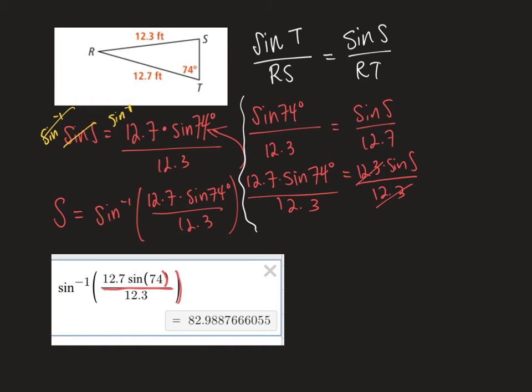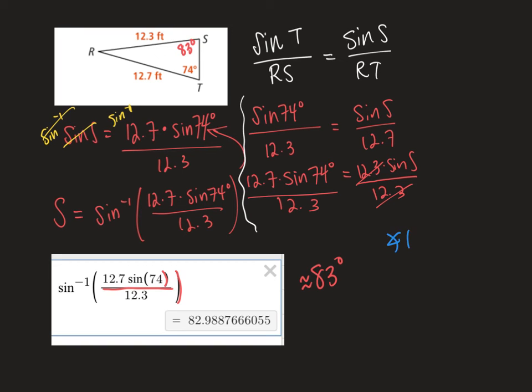It will generally want you to round this to the nearest degree. And so if I round this to the nearest degree, that means that angle S is about 83 degrees. Now, we could use the law of sines to find angle R, or we could remember that all of the angles in a triangle have to equal 180.